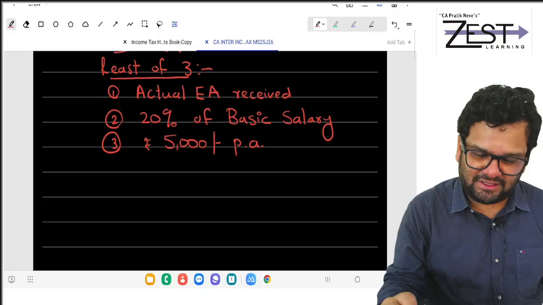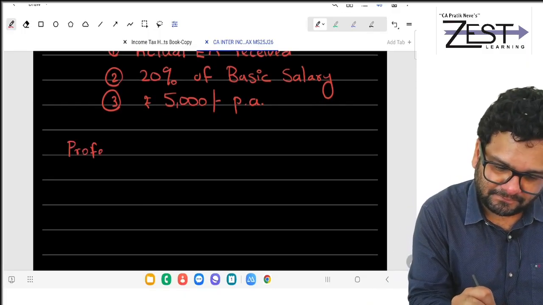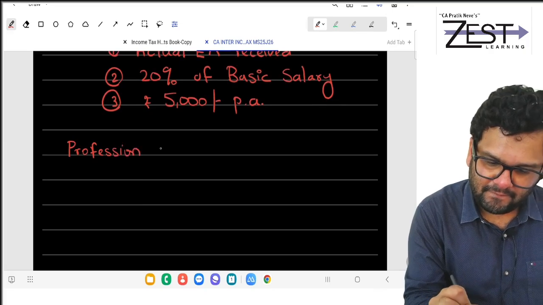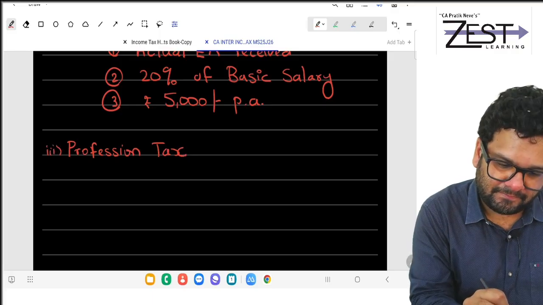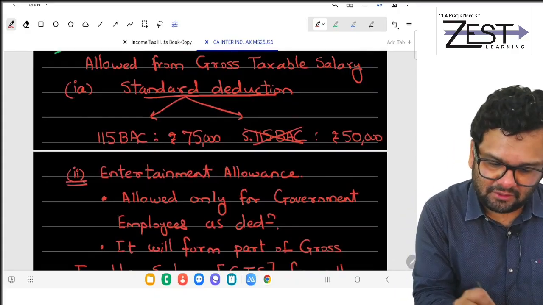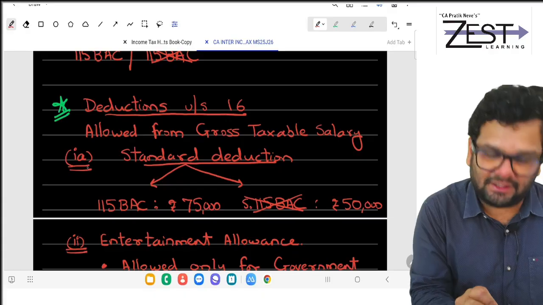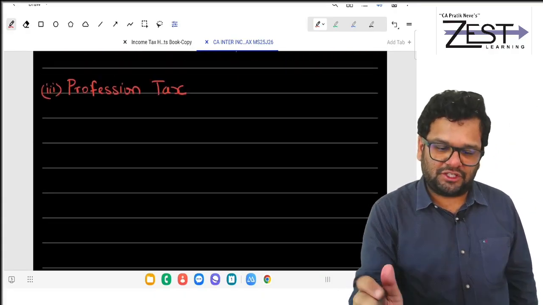And lastly, you have got profession tax. So see, second is entertainment allowance. 1A is standard deduction. 3 is profession tax.